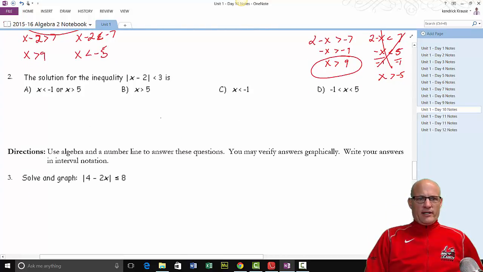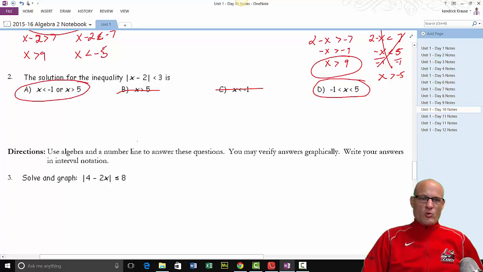So let's see what we got here. First of all, you're almost always going to get two solutions. So it's either going to be a compound one or it's going to be an inequality one. I just don't know which. So if I solve these, I get x minus 2 is less than 3, or x minus 2 is greater than negative 3. And that's what needs to be solved.